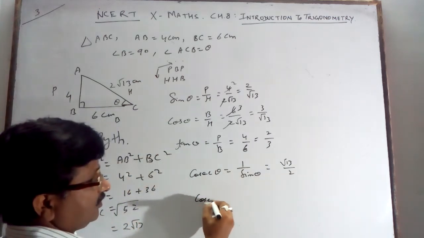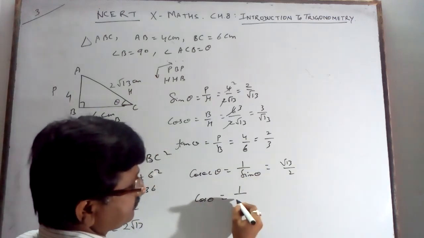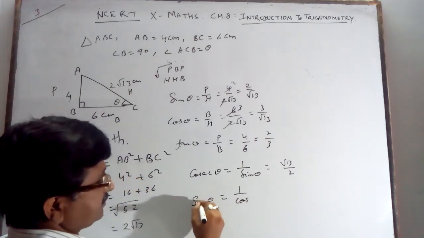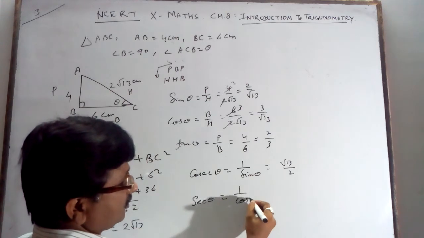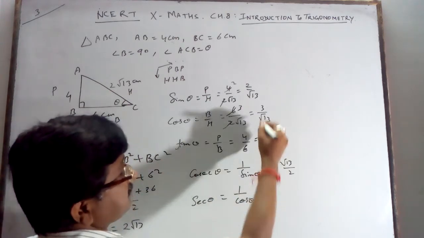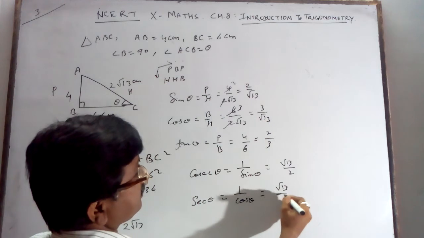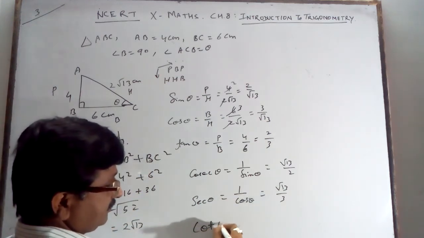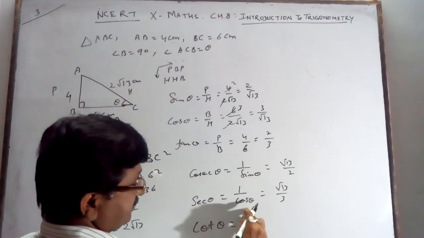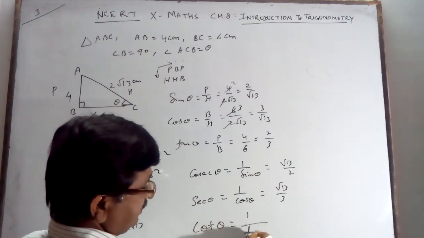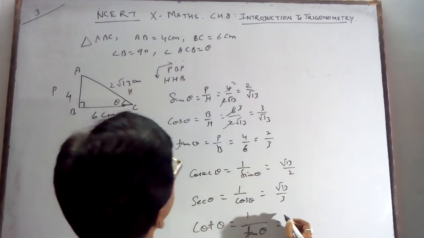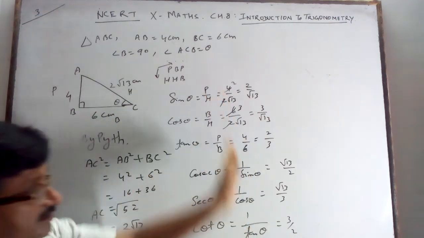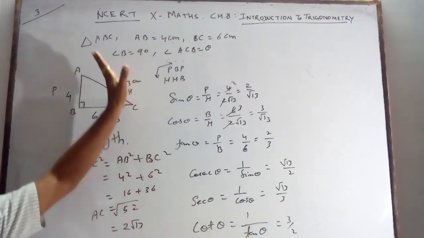Sec theta is equal to the reciprocal, 1 upon cos theta, which is root 13 by 3. Cot theta is the reciprocal of tan theta, that is 1 upon tan theta, and tan theta is given 2 by 3, so it will be 3 by 2. All the 6 trigonometric ratios you are getting by this question.